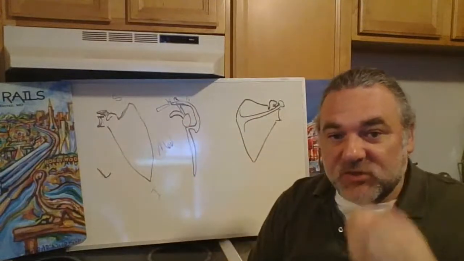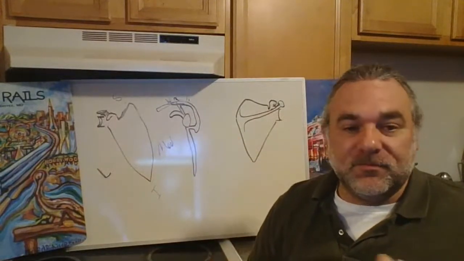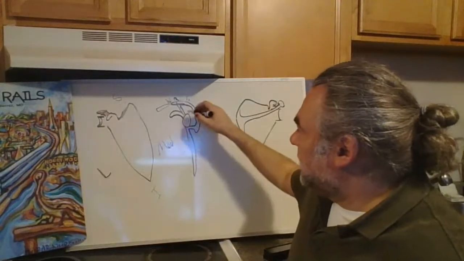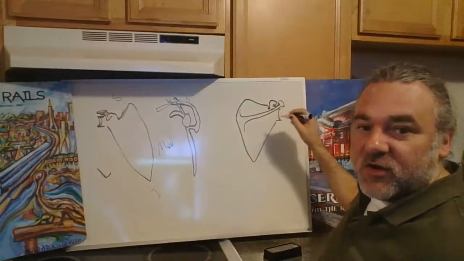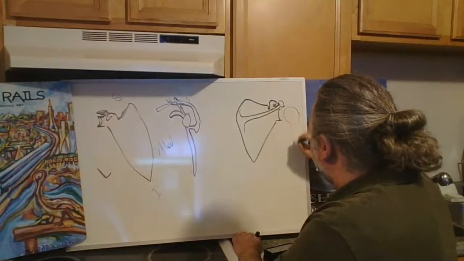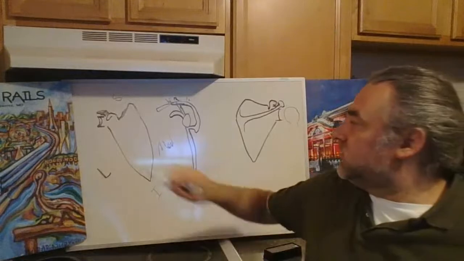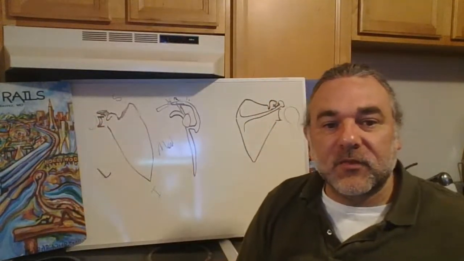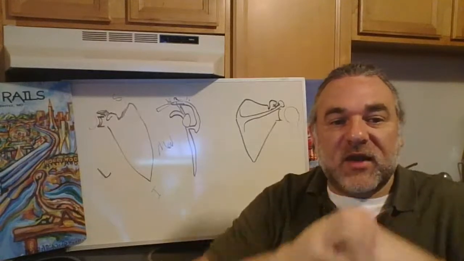The reason I'm mentioning that is your arm, your humerus, which we talked about last time, is going to sit in here. If we draw it over here, you'd see the big head of the humerus. What you notice is, unlike all the other joints we've talked about, the humerus isn't really well attached there.